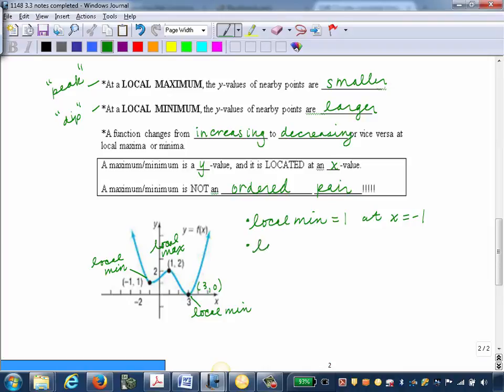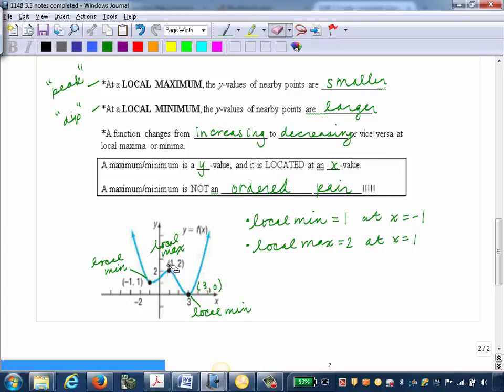We can say then it has a local max of 2, because here this peak happens at a y-value of 2, and it's located at x equal to 1, because this x value is 1.